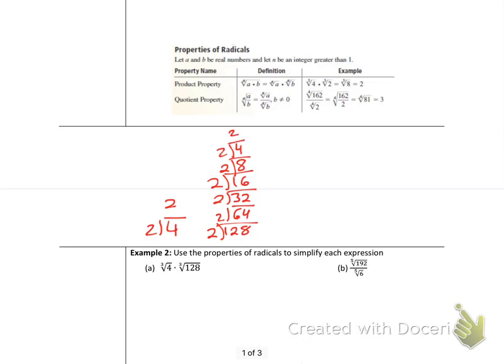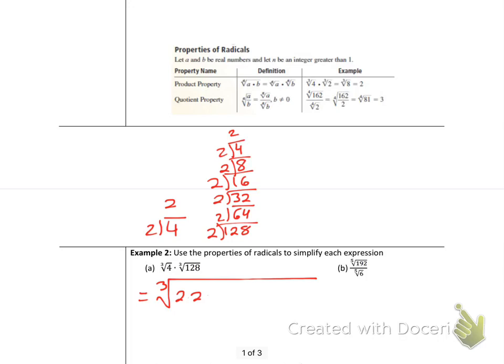When we did this before, we were looking for pairs because it was a square root. Now we have a cube root. So this time we're actually looking for multiples of 3. To simplify things, I'm going to take these and put them underneath my root. And because they're multiplied, we can actually put everything under the root at the same time. So because of the 4, we had 2 of them.